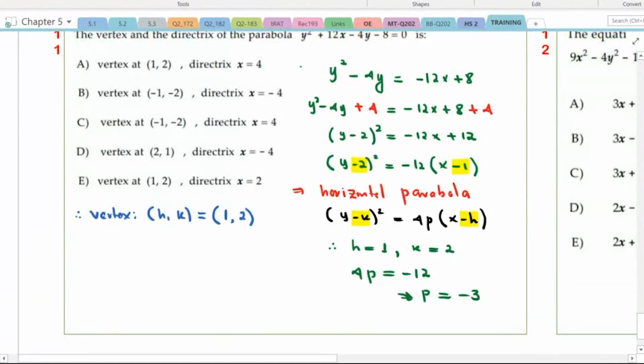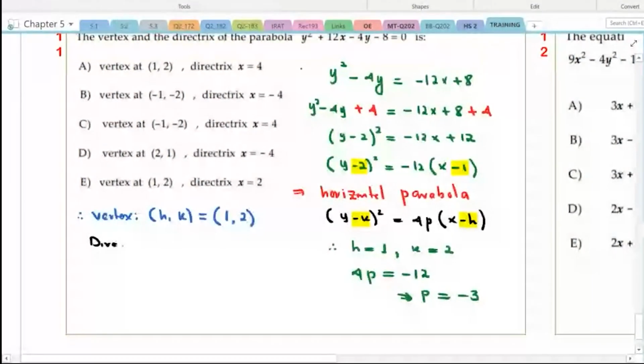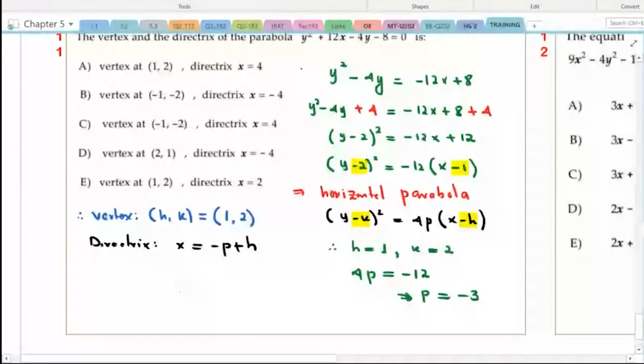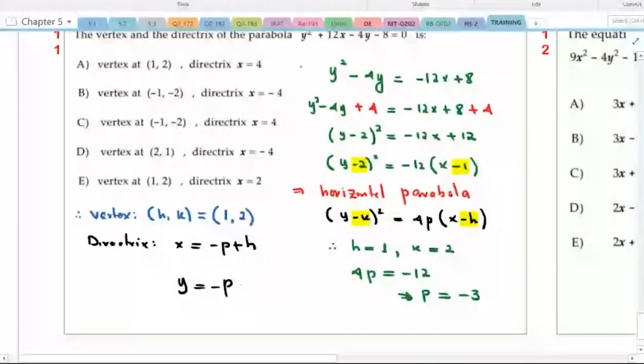Now, let us talk about the directrix. For the case of a horizontal parabola, what is going to be the directrix? The directrix will say x is equal to minus p plus h. If it is vertical, we say y equals minus p plus k, but this is horizontal.